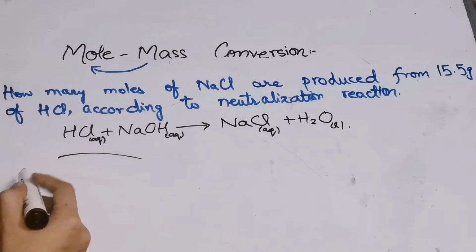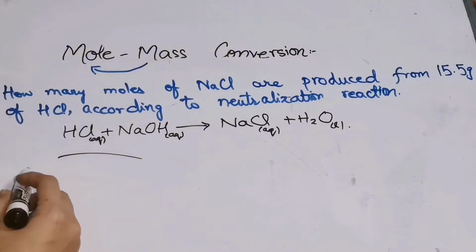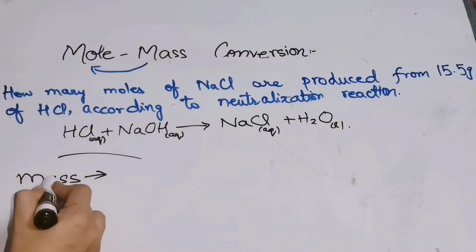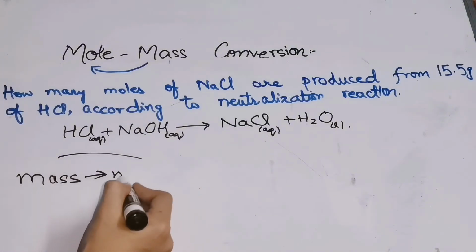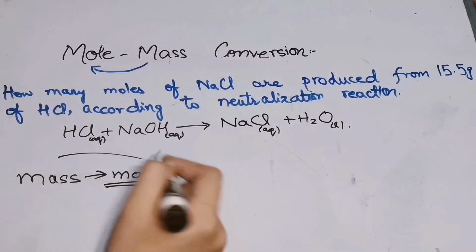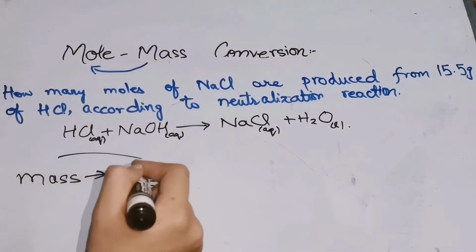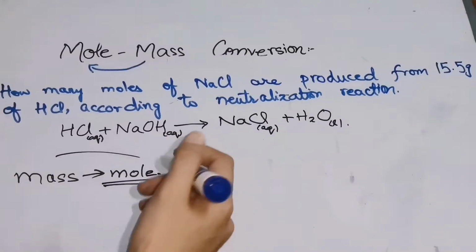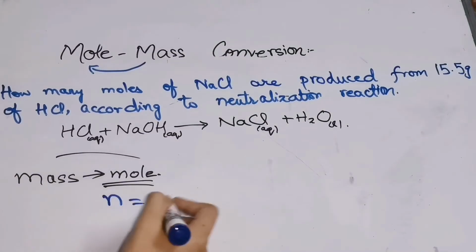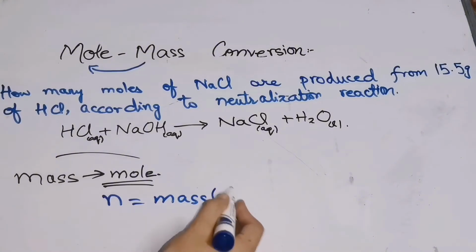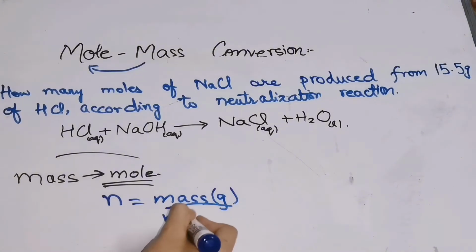In the previous video I told you that in these questions, if you are given anything in mass, first of all you will convert that into moles. So here first you will convert 15.5 gram into moles. Now how will you convert it? The formula is number of moles is equal to mass in grams divided by molar mass.